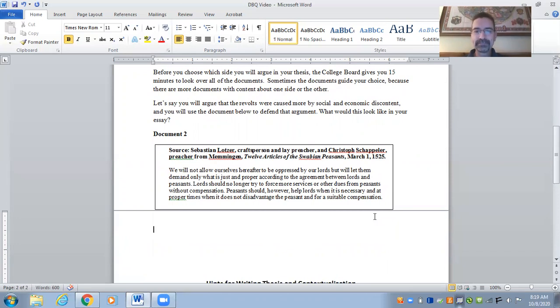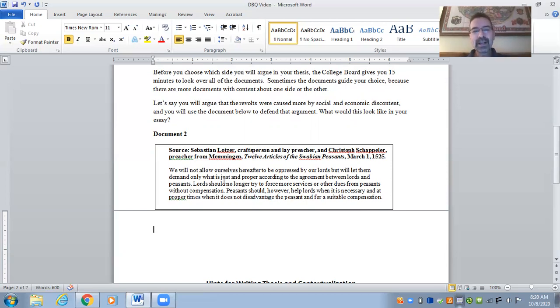That's why they did it. Now that kind of sets us up for writing 2 paragraphs. Hopefully we can find 1 or 2 documents that discuss the economic problems that peasants were suffering. And then we might find another one or two that discuss the social ills or the social problems that these peasants were facing. So now we've got two body paragraphs right away.